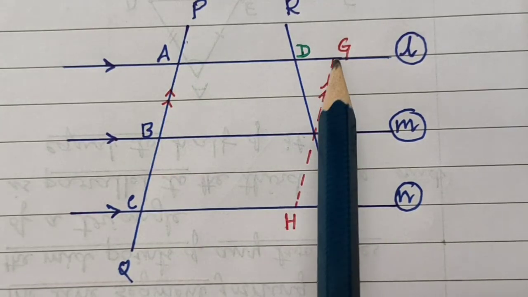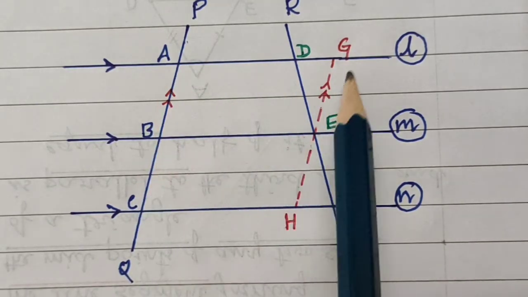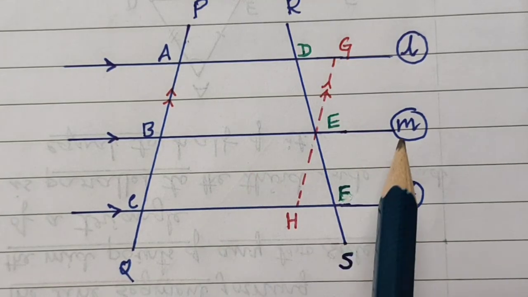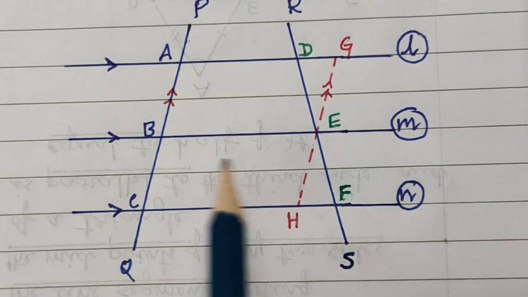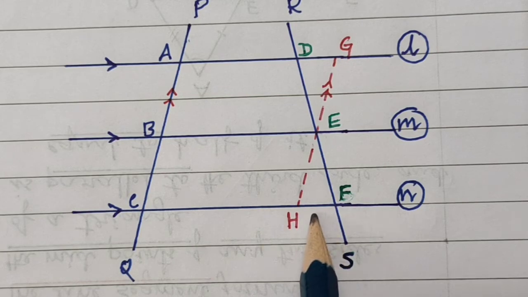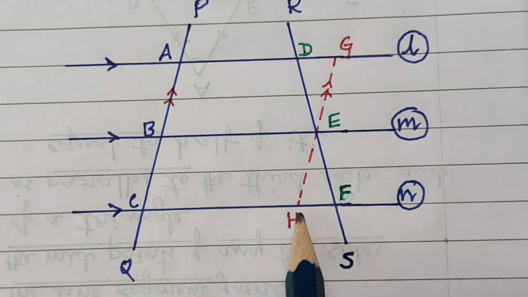In this parallelogram, AB is equal to GE. Here, M and N are parallel lines. BE is parallel to CH and BC is parallel to EH by construction.